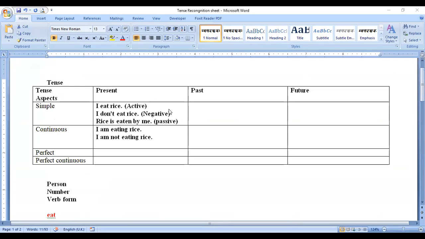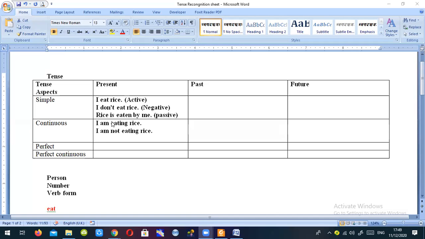It's in the simple present. In case of present continuous, what's the passive form?